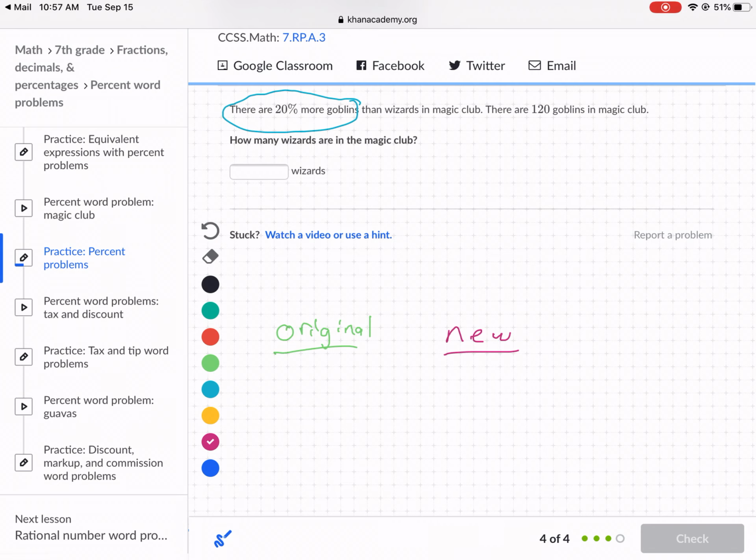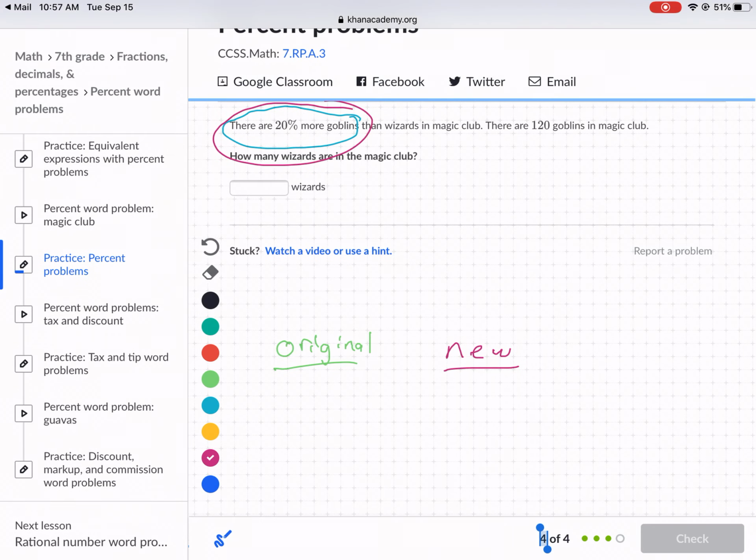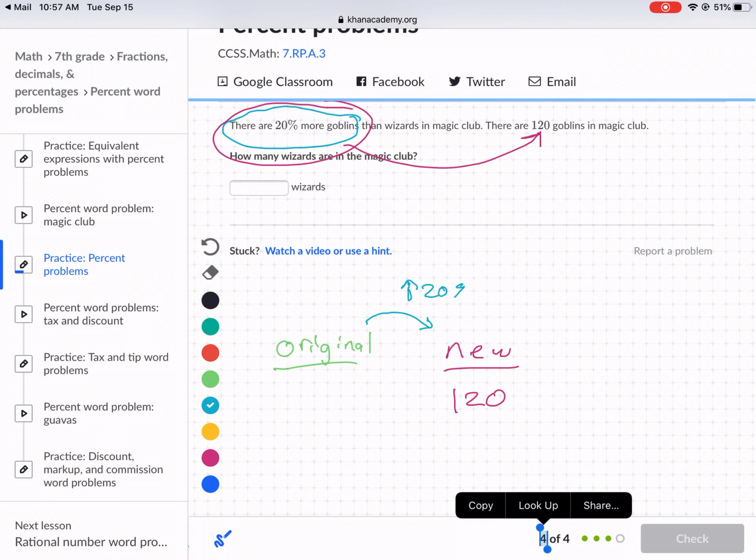We already applied this 20% increase to get 120, so the 120 is the new. We increased the original by 20% to get our new, and we want to find the original.